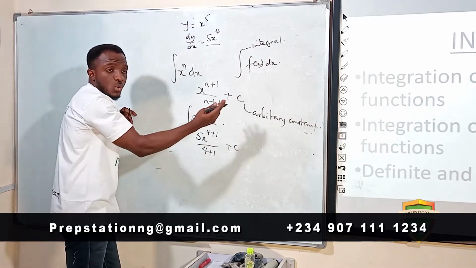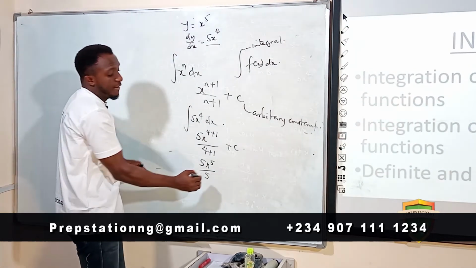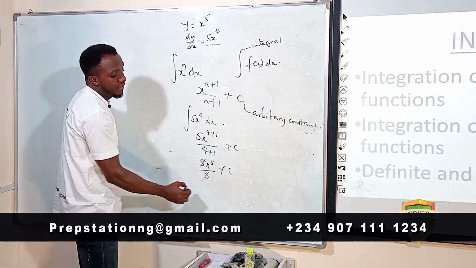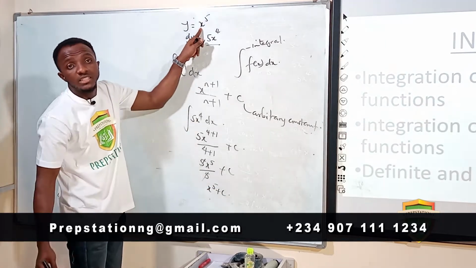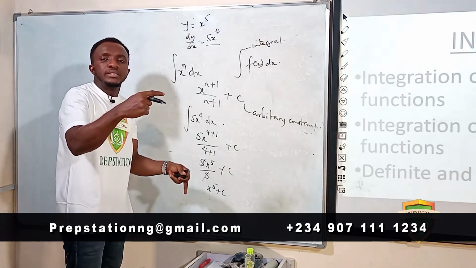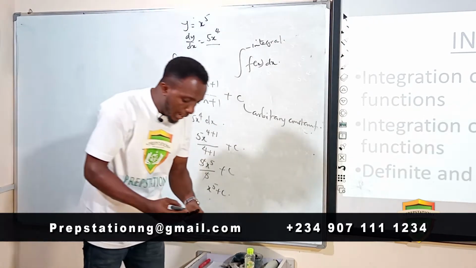So what is 4 plus 1? 5. So this is 5x raised to the power 5 over 5 plus c. What do you see? 5 would cancel this 5. We're left with x raised to the power 5 plus c. Can you see? That's what we had initially. So I said integration is anti-differentiation. It reverses the result of differentiation.